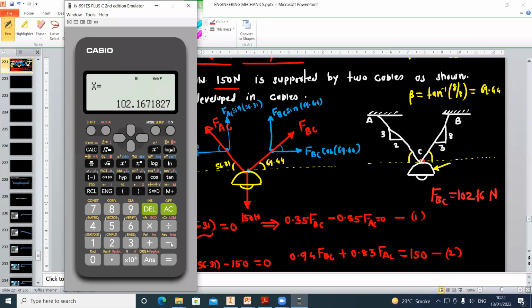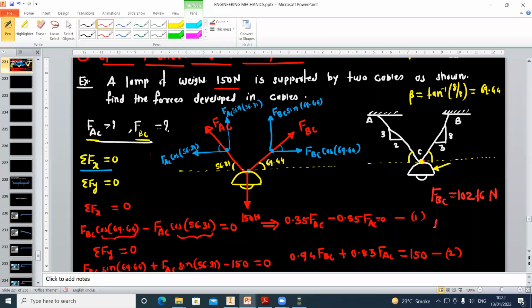Then second value, again press equal to. So if you get the values in the fraction, then you have the option SD. Okay, so press this, the fraction gets converted to decimal places. So it is 65.015. So this is FAC. Okay, it is 65.015 Newton.